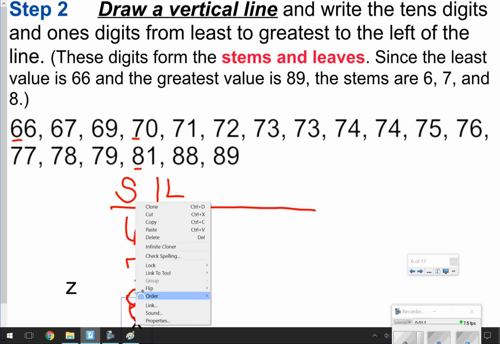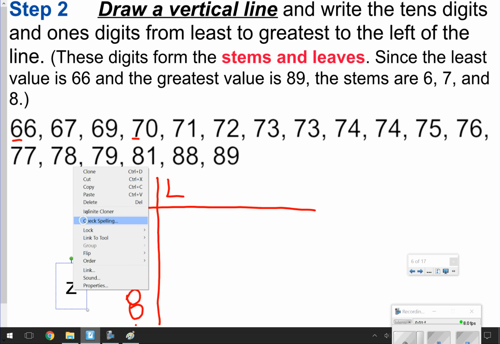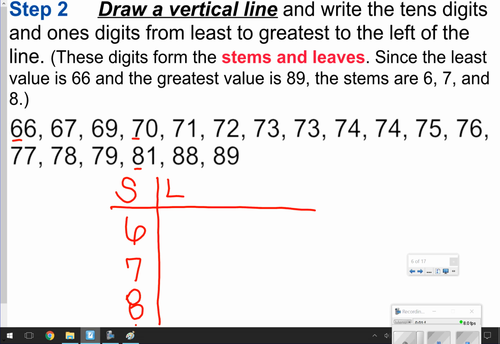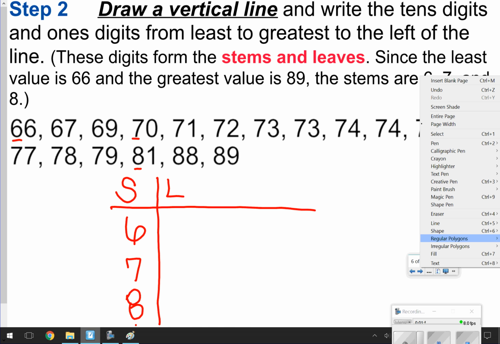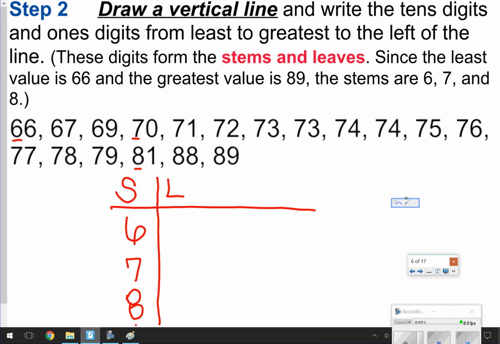Oops, let me delete that. Sorry. The ones place values, and I'll do this in a different color just so you can see the difference, are going to be the leaves. So I'm going to start writing this. We have 66, so 6 will be my first leaf, 67, 7 will be my next one, and 69.